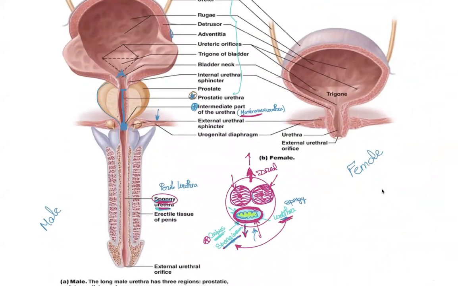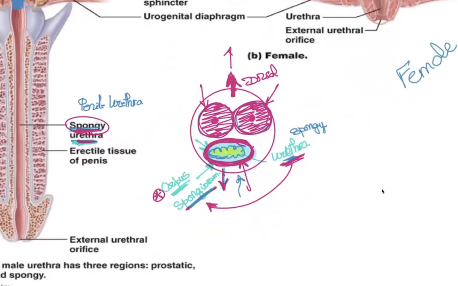All right, so why is this part of the urethra called spongy urethra, the part that travels in the penis? I understand it's called also penile urethra because it travels in the penis, but why spongy urethra? Because when we study this in the reproductive system, we're going to learn that the penis has three erectile tubes. This is a transverse section in the penis here. We have three erectile tubes.